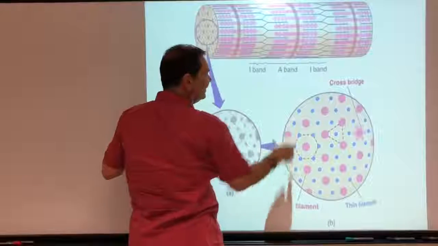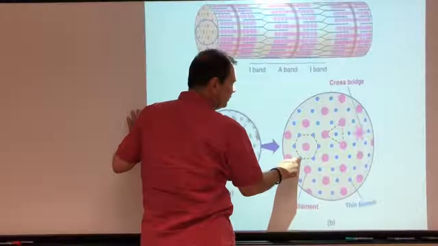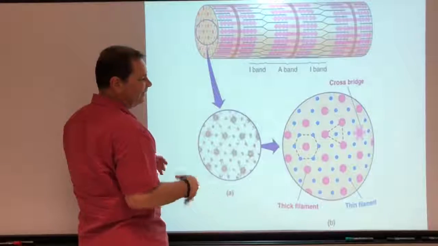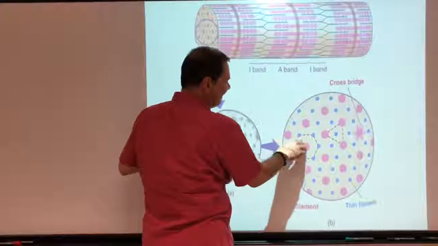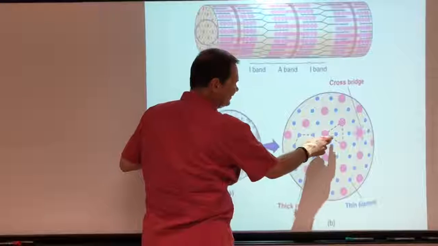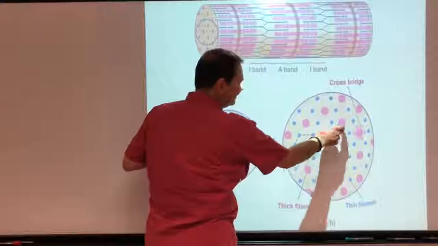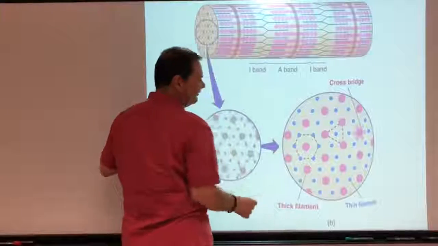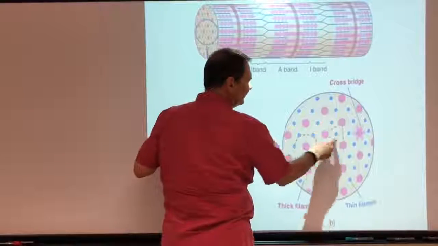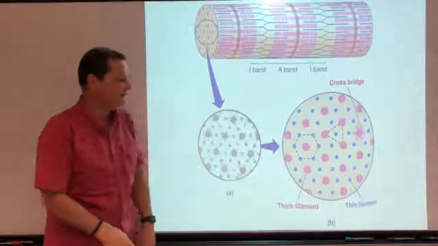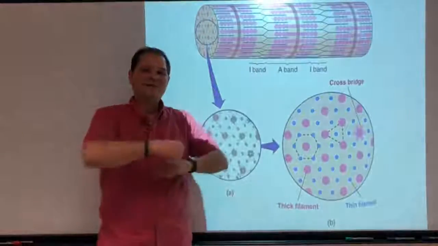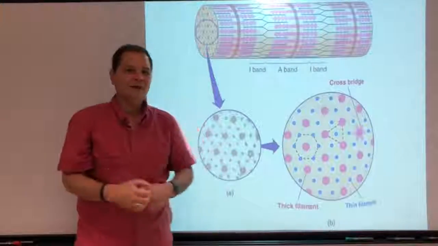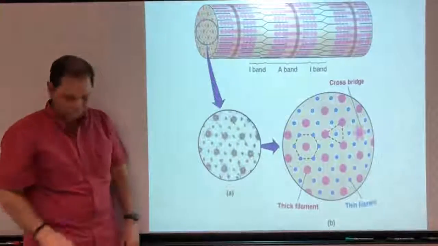So you have thin filaments which are blue, you have thick filaments which are red, and you can see they are arranged such that the thin filaments surround the thick filaments, and each thin filament is surrounded by thick filaments as well. So you can see how these are arranged in such a way that these myosin heads can reach across and bind to the actin and cause contraction, okay?